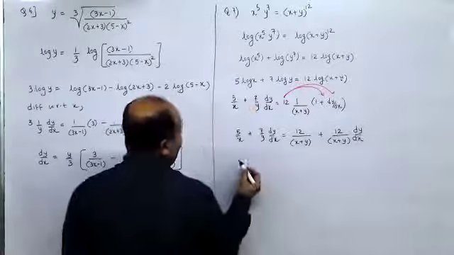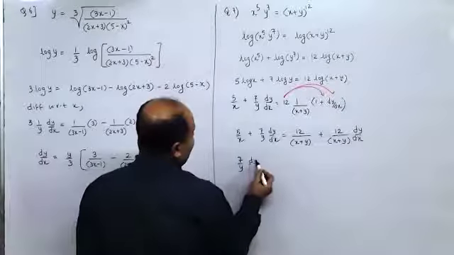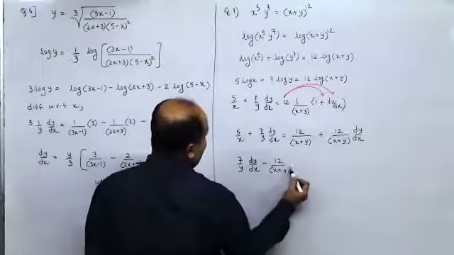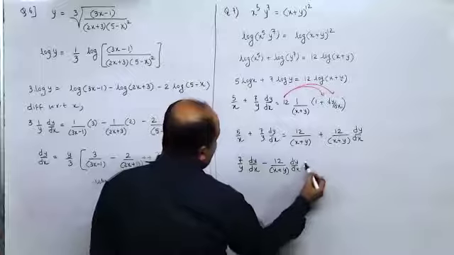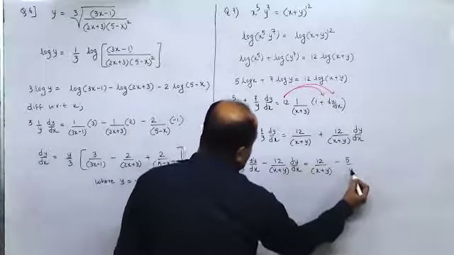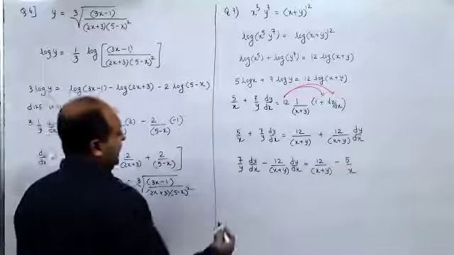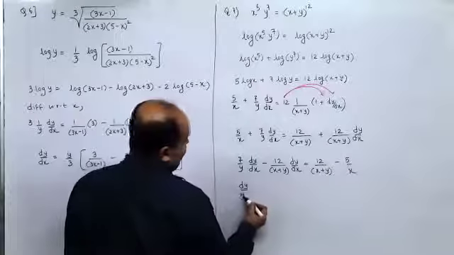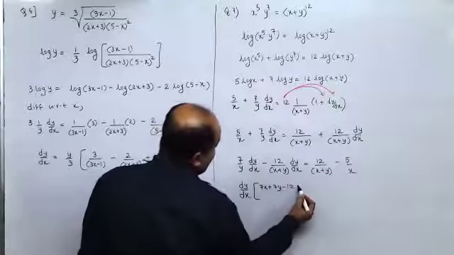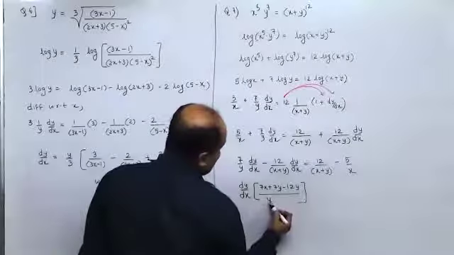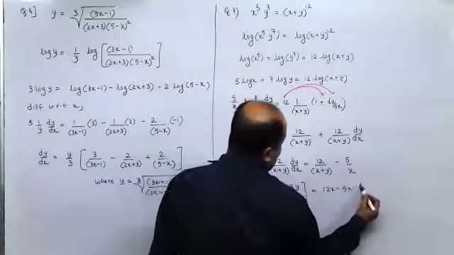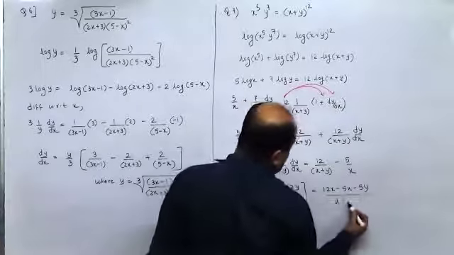Now, when you take this to the left, you will get 7 by y dy by dx minus 12 by x plus y dy by dx equal to 12 by x plus y minus 5 by x. When I take dy by dx common, I'll get here 7x plus 7y minus 12y divided by y into x plus y, and here I'll get 12x minus 5x minus 5y divided by x into x plus y.